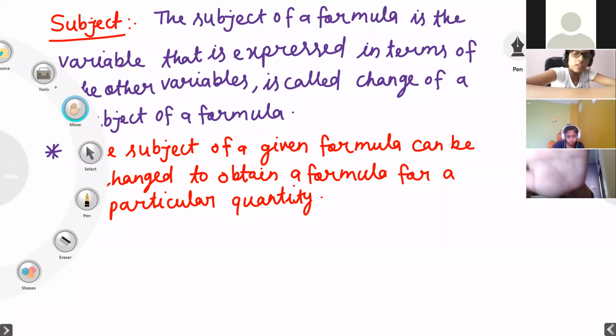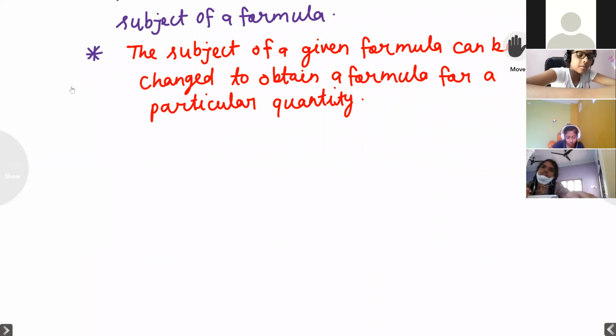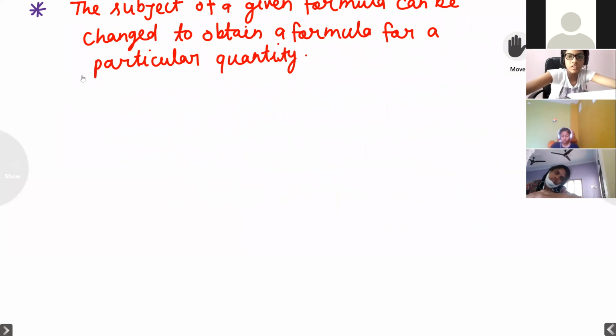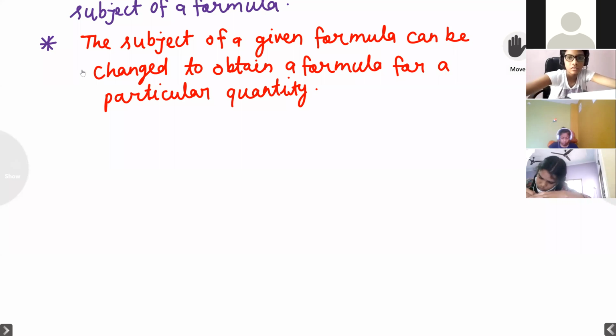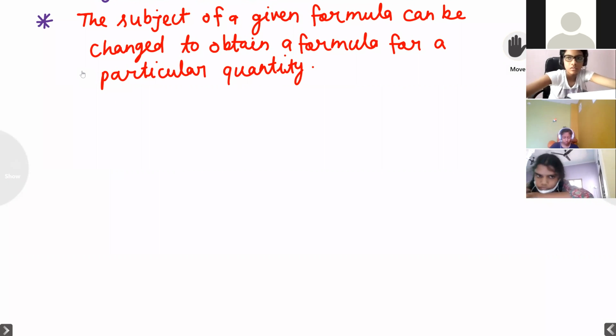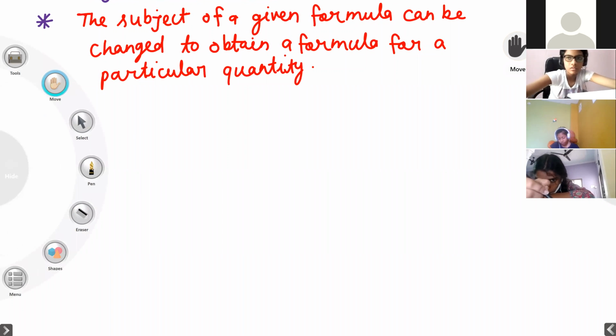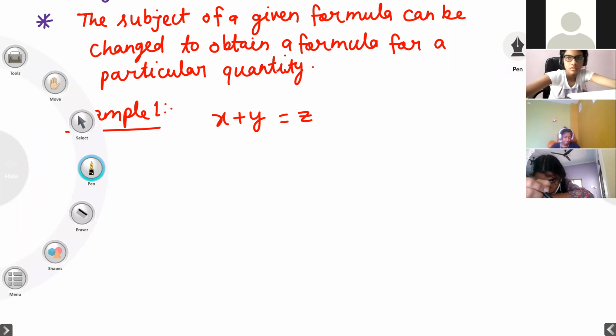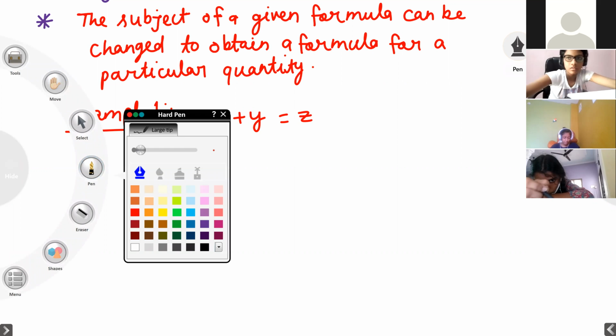Example 1. x plus y is equal to z. I want to make x as a subject.